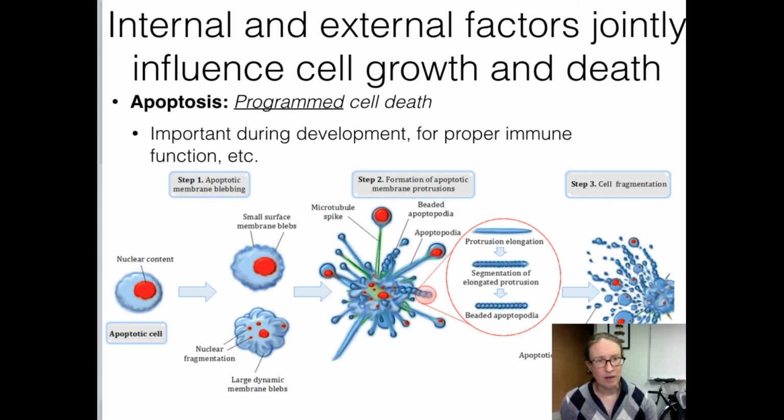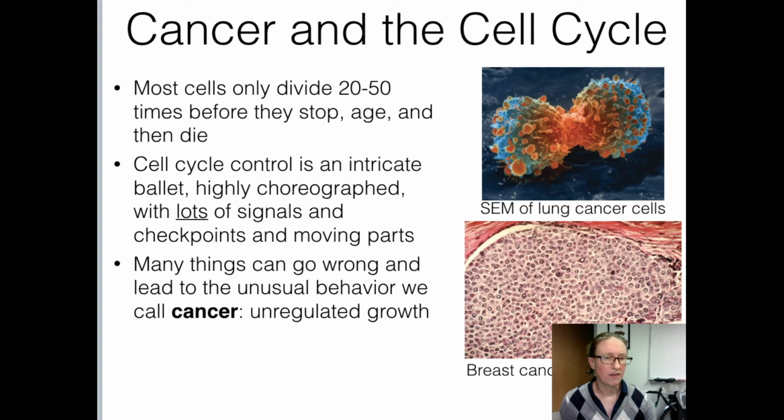So I'm going to wrap this up talking about another sensitive topic, which is about cancer and the cell cycle. Most of the cells in the human body only divide somewhere between 20 to 50 times. And then after that point, the cells will stop, they'll age, and then they will die.